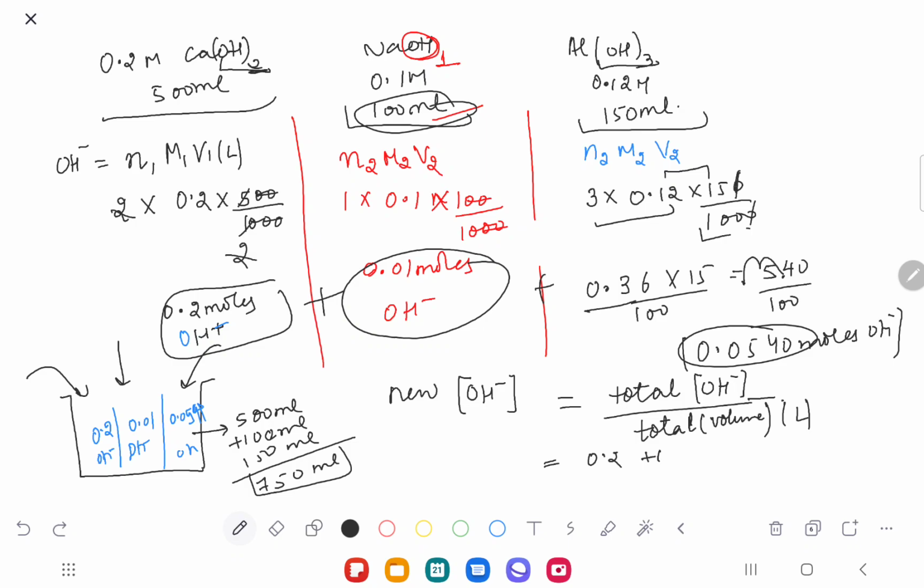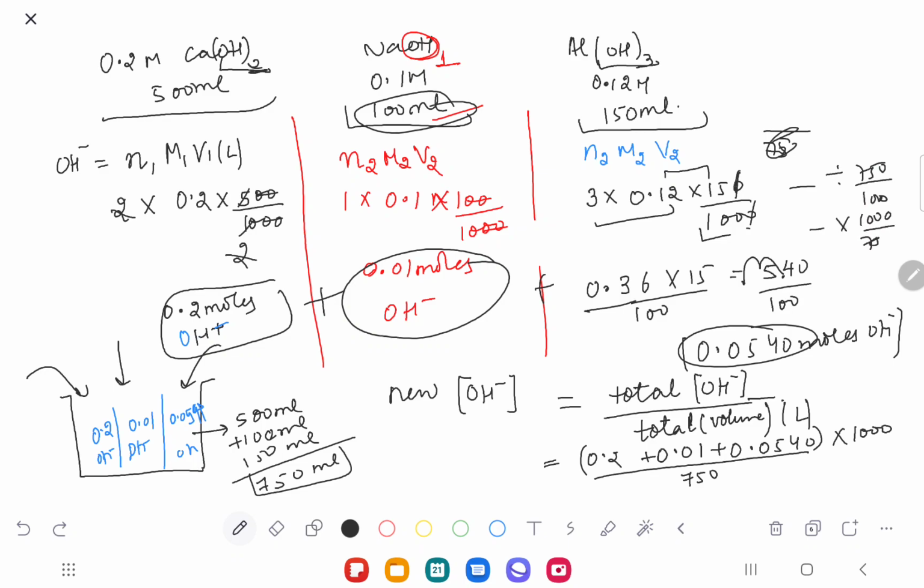So 0.2 plus 0.01 plus 0.0540 over the net volume, 750 divided by 1000. You would be writing something over 750 over 1000, so that's something into 1000 over 750. Whatever that something is, it is the sum of all of these, and that's how you get to the answer.